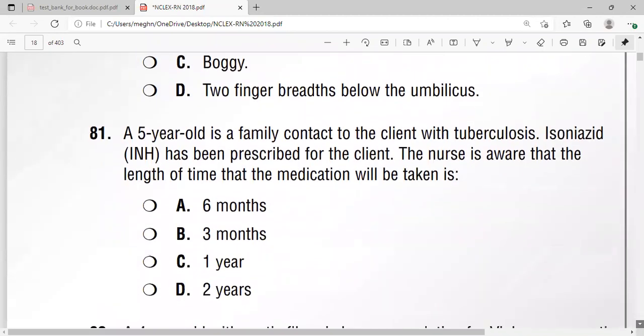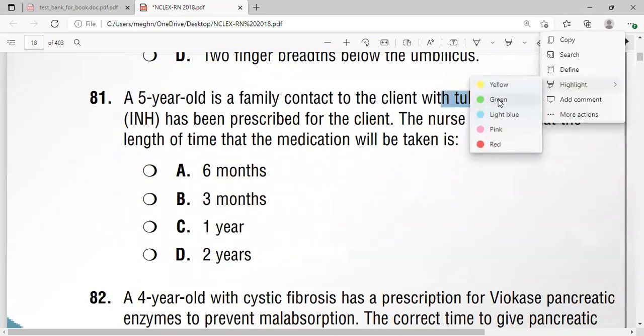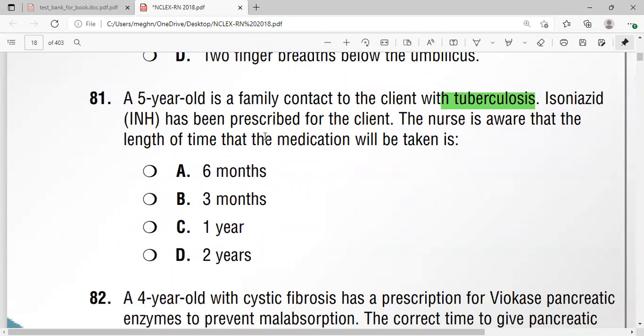Next, a 5-year-old child is a family contact of a client with tuberculosis, so a pediatric patient. Isoniazid, a medication we use for tuberculosis, has been prescribed for the child. The nurse is aware of the length of time the medication will be taken.